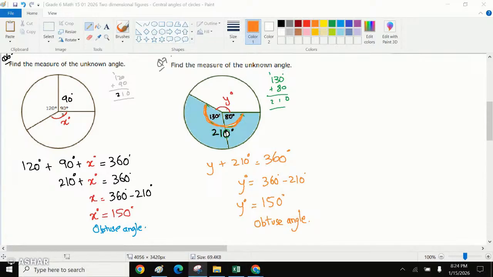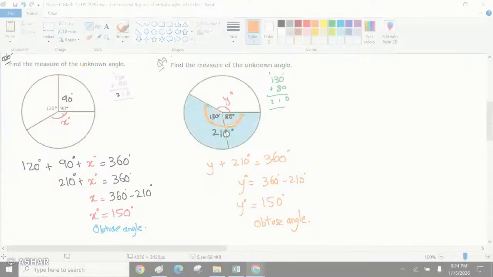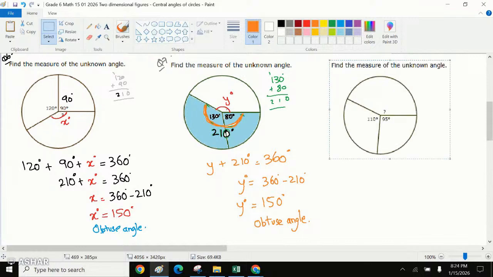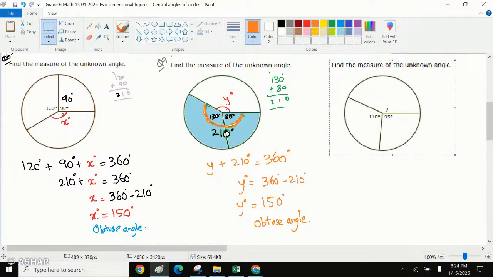The next question says, find the measure of the unknown angle. Please help me out with the next one. It says, these are the angles which are given to us. Question number 8. Let's try to solve these.